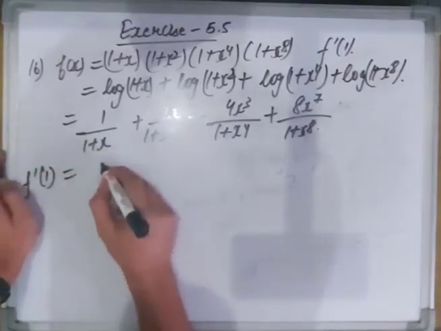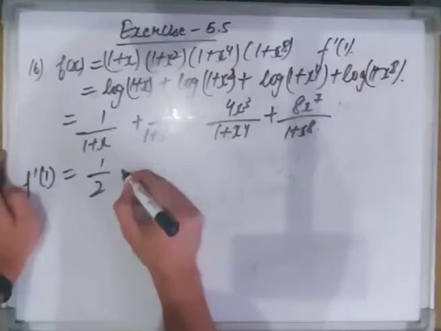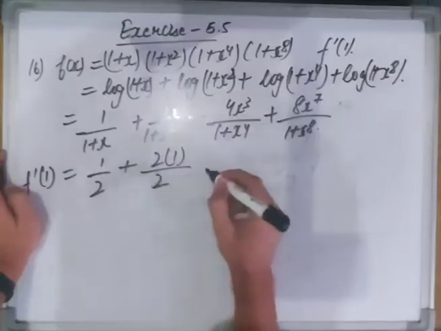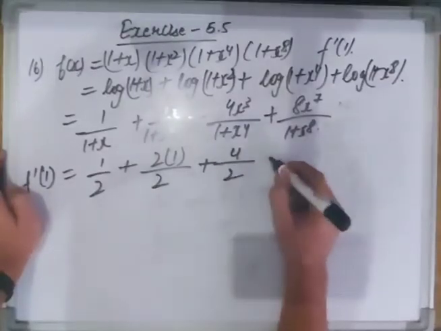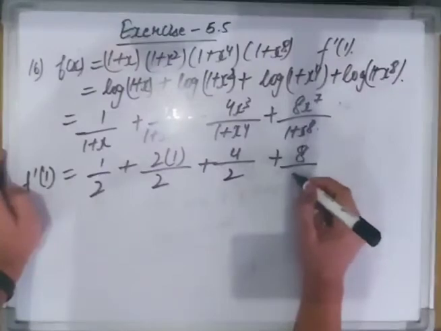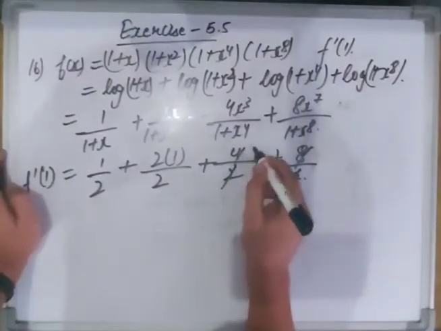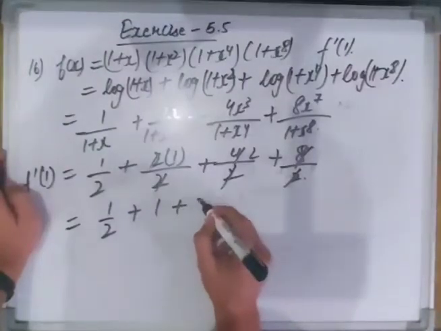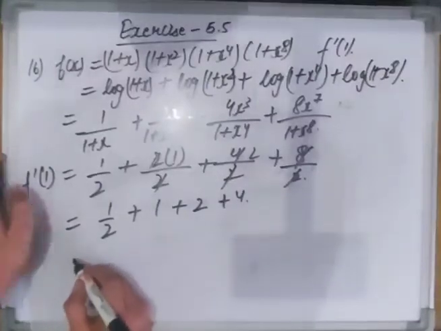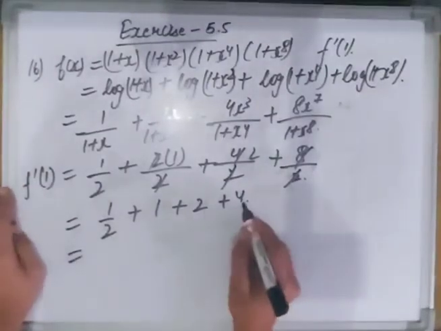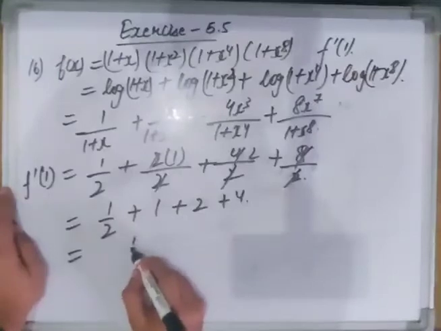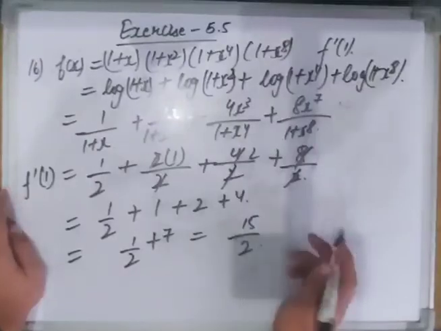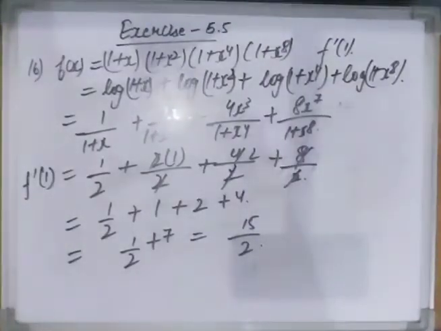Substituting 1, we have 1 by 2 plus 2 into 1 by 2 plus 4 by 2 plus 8 by 2, which gives 1 by 2 plus 2 plus 4, so 2 plus 4 is 6 and 6 plus 1 is 7. 1 by 2 plus 7, we have 15 by 2. So this is the value of our f dash 1.